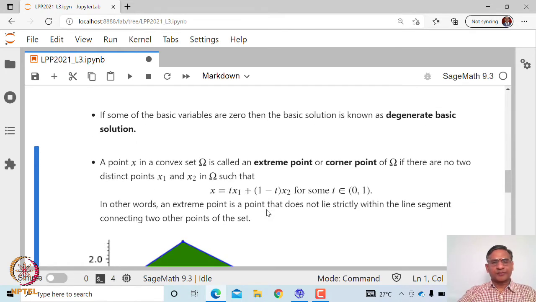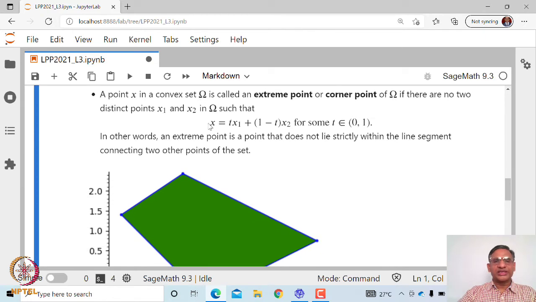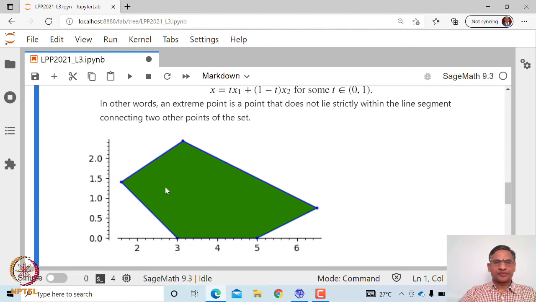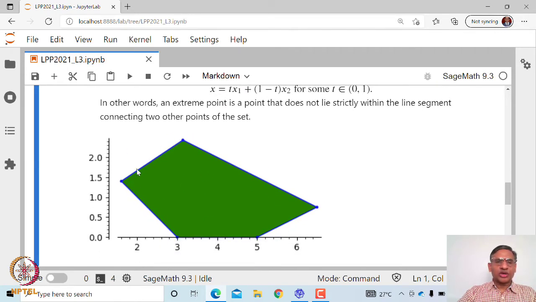Now let us look at this omega, which is a convex set. Let us say this is the feasible set of the given linear programming problem. These are the corner points.